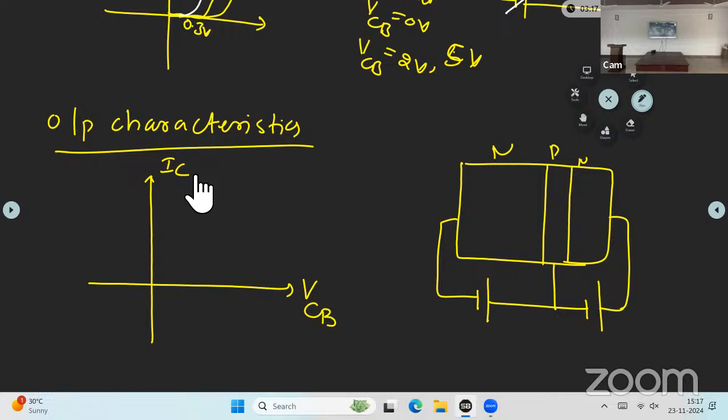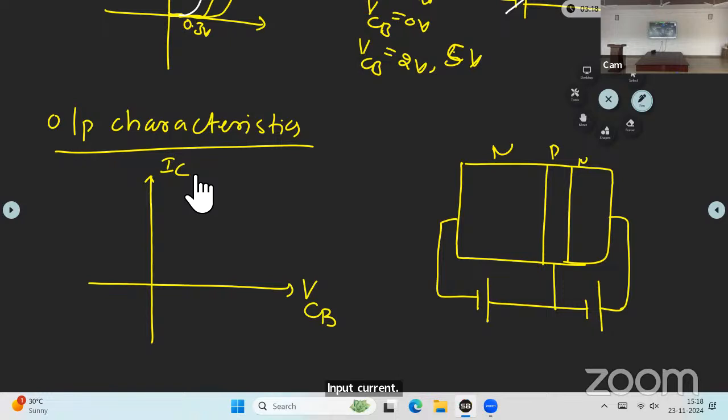So in these two parameters, which one is affecting the output characteristics? Which parameter is changing the output characteristics? See the diagram. Current or voltage? Input voltage constant or input current constant, to get the output characteristics? Input current. Correct. The input current we need to keep constant.